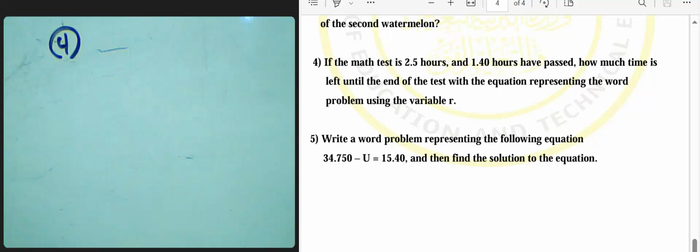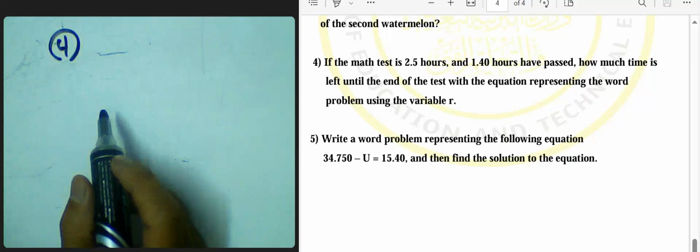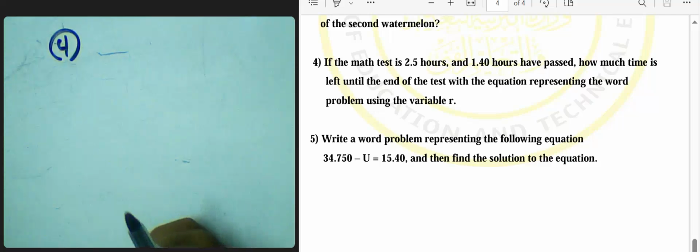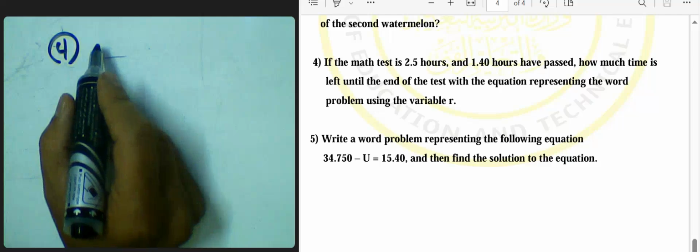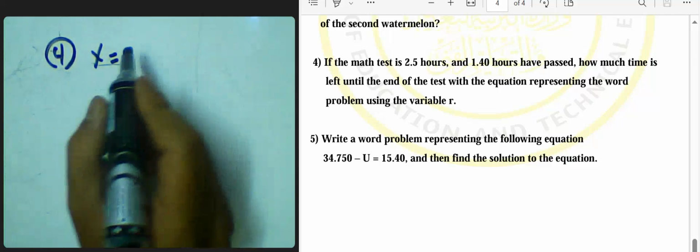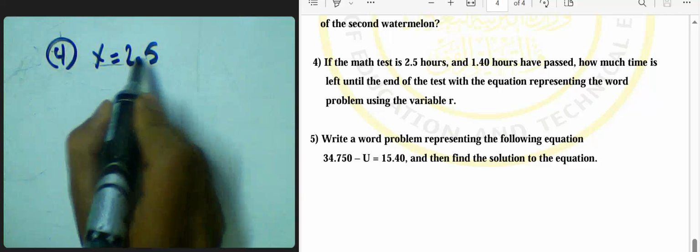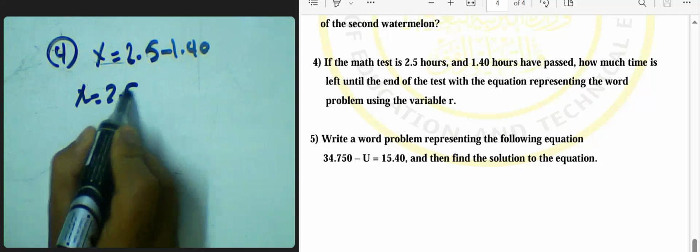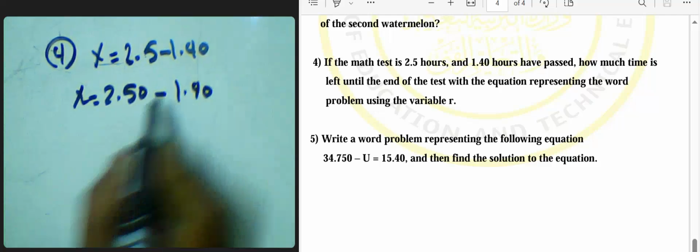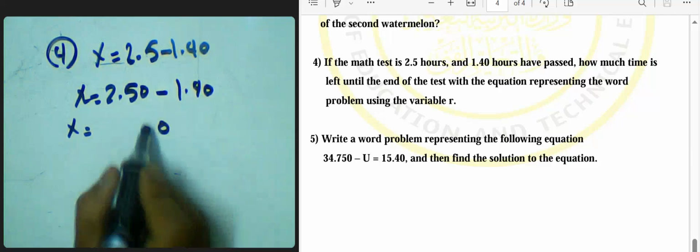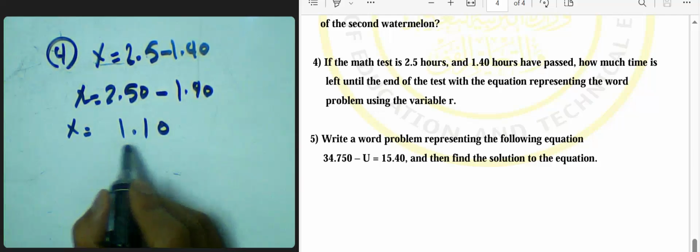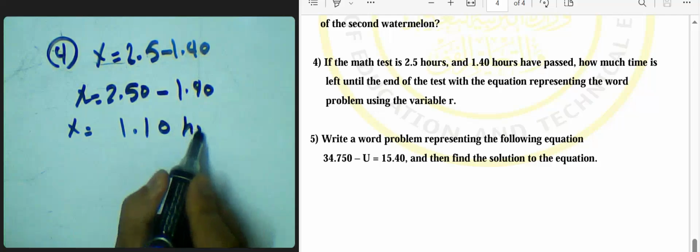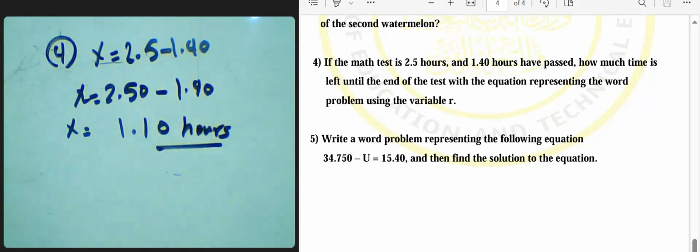How much time is left until the end of the test with the equation? We want to find the remainder between them. By right, x equal the difference between 2.5 subtract by 1.40. Right, 2.5 and 0, subtract 1.40. 5 minus 4, 1, and 2 minus 1, the result will be 1 and 10 tenths hours.